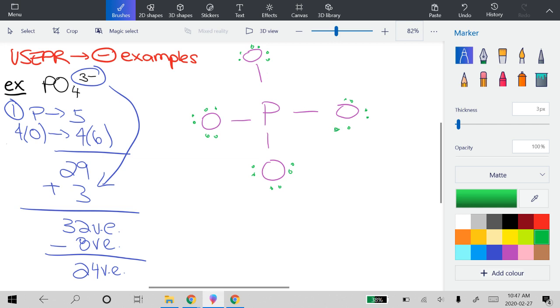Somewhere along the way I miscounted, but we still have our total of 32, all in this guess. So that's our guess, and we now have to check formal charges to see if we have to fix anything. I'll do it for the oxygens first.